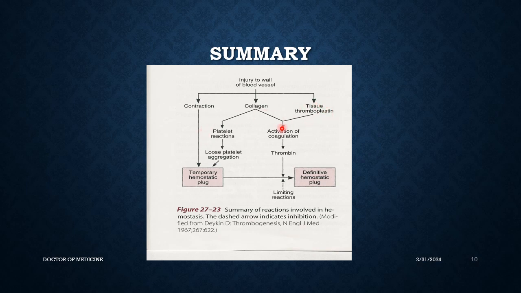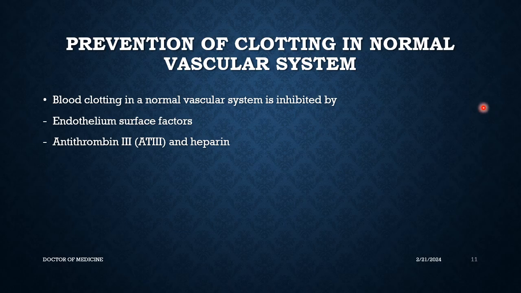Okay, thromboplastin is going to activate what we call the extrinsic pathway, which will result in the formation of thrombin, which produces fibrin and produces a definitive hemostatic plaque. So the fibrin meshwork together with the platelet plaque, they form what we call a blood clot or a thrombus. Okay, so this marks the end of your secondary hemostasis.